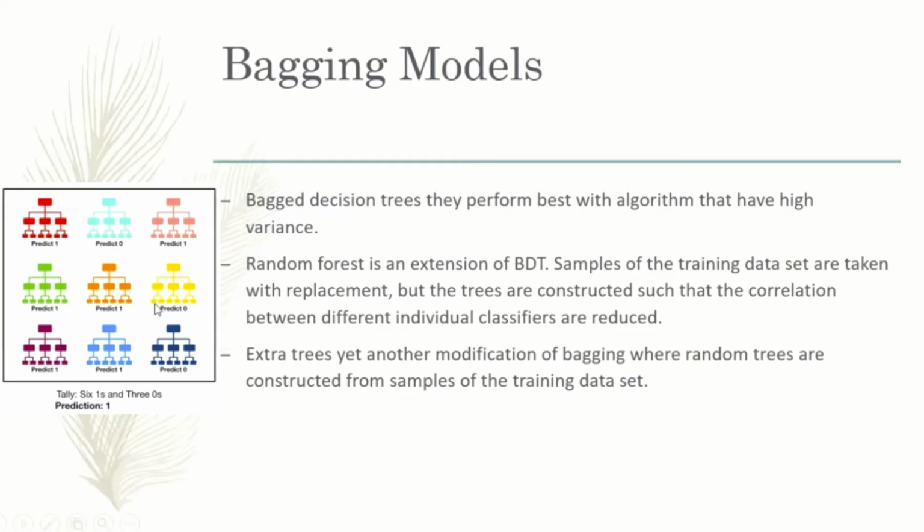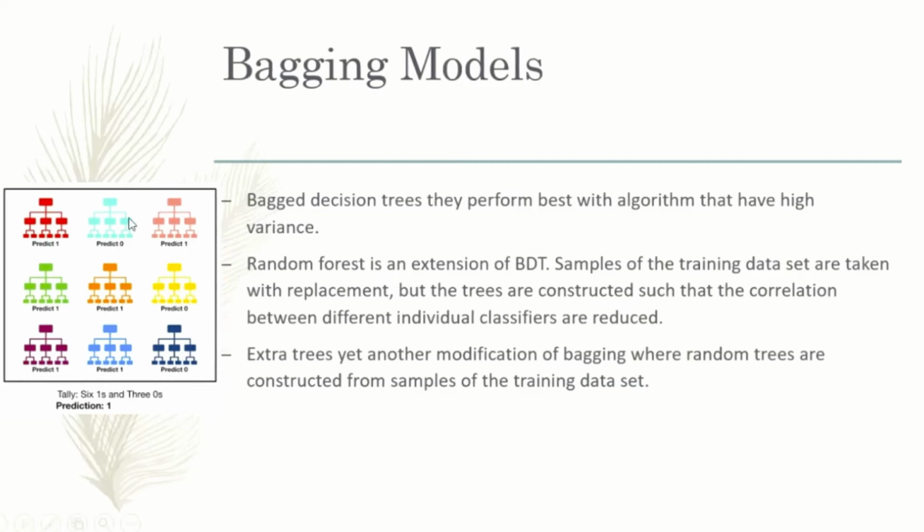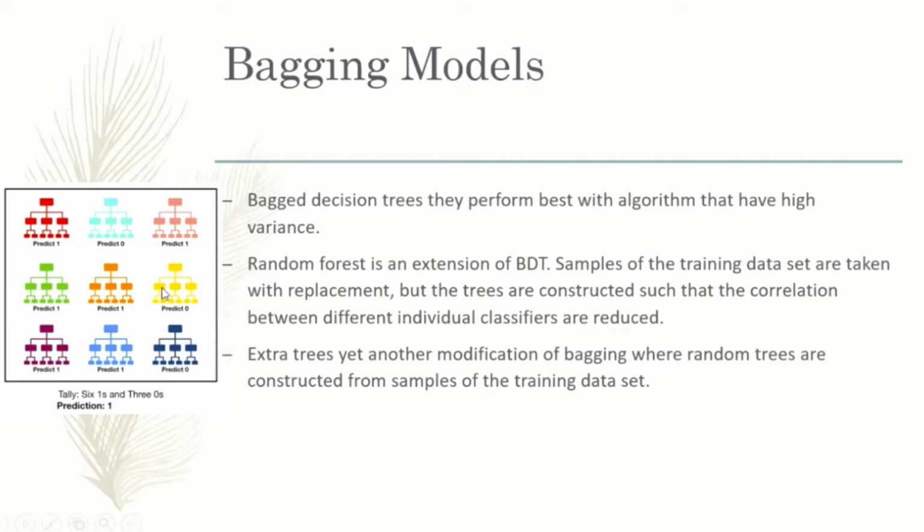In random forest, which is an extension of BDT, the samples of the training data are taken with replacement, meaning some data of this model can come in this model also. These trees are constructed such that the correlation between different classifiers is reduced, so as to improve the prediction so that it is not dependent on any other model.